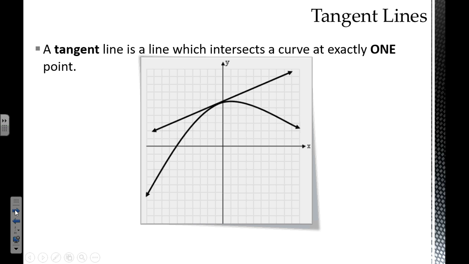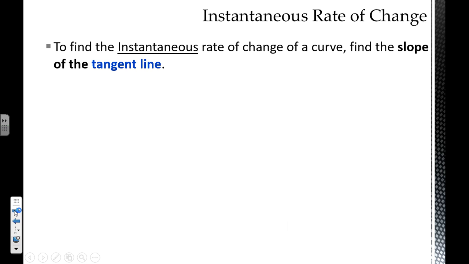Okay, so this word derivative, it is going to have a few synonyms. Synonyms, words that have different words, same meaning. So our first synonym for derivative is instantaneous rate of change.